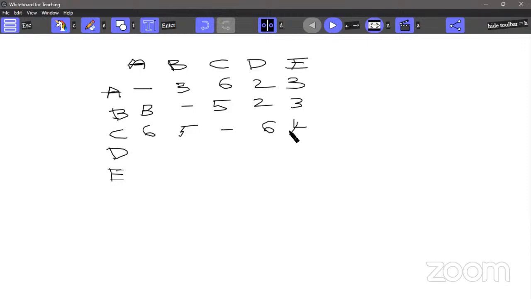That's why I'm doing this. Till the end, we have to solve it like an assignment problem only. This is 6, sorry. 6, dash, 6. Okay. 3, 3, 4, 6, dash.